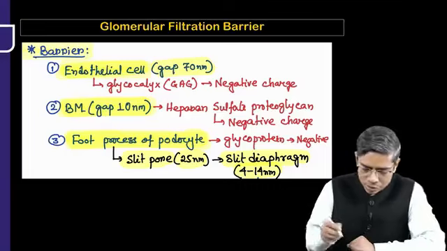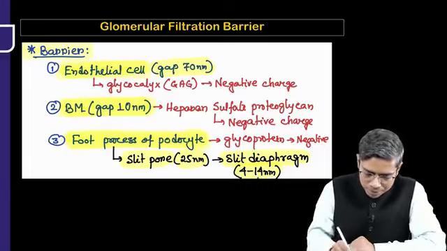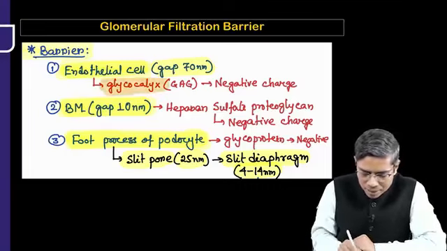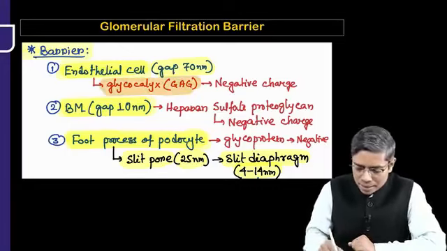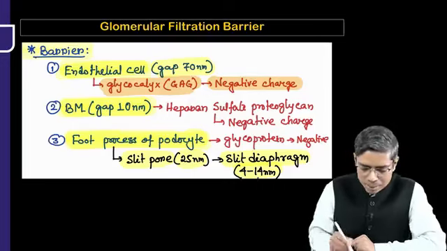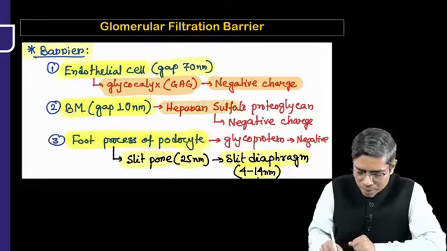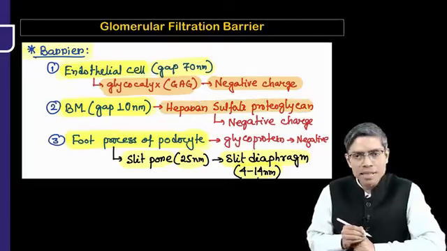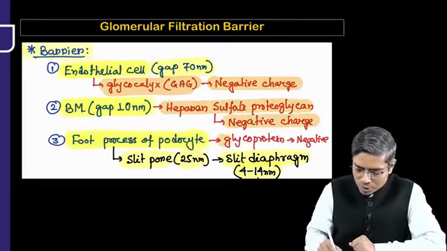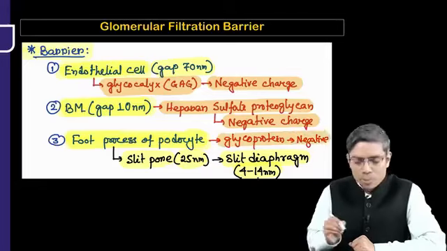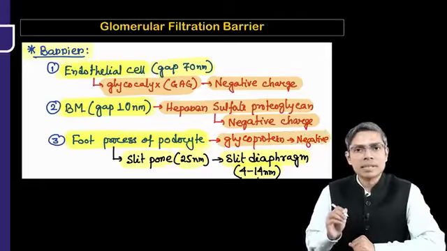Now look, this endothelium cell is lined by glycocalyx, GAG, glycosaminoglycan, and this is a negatively charged molecule. The basement membrane is covered by heparan sulfate proteoglycan, which is also a negatively charged molecule. And the foot process of podocyte also contains various glycoproteins which are negatively charged.